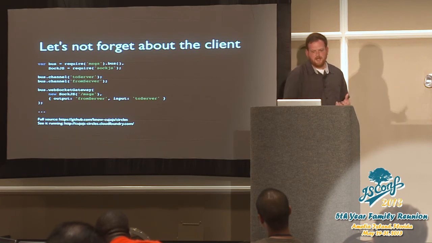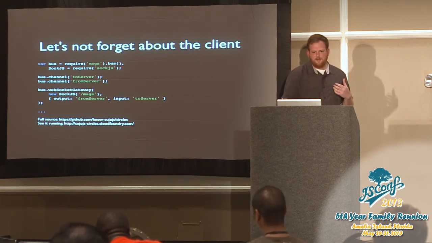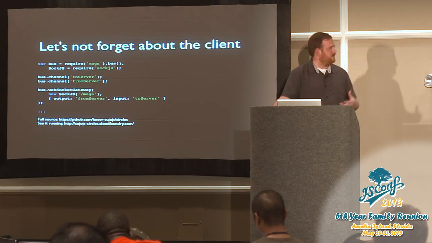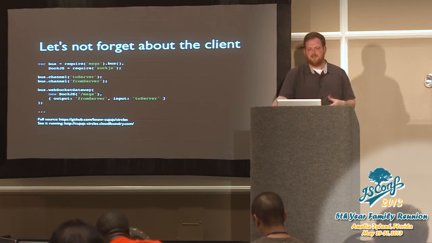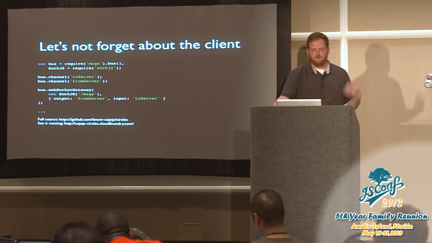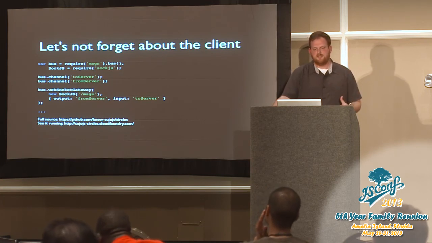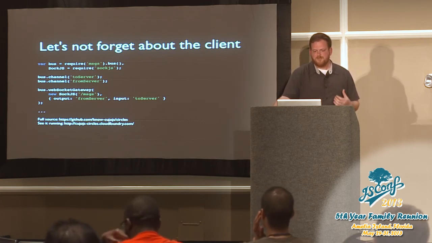Then on the client side, again, we're going to use sock.js. And again, this code should look very familiar, and it's the exact same API, the exact same programming model, whether you're client or server. But in this case, we have a WebSocket gateway set up, and that's just a set of adapters that understand the W3C WebSocket API.